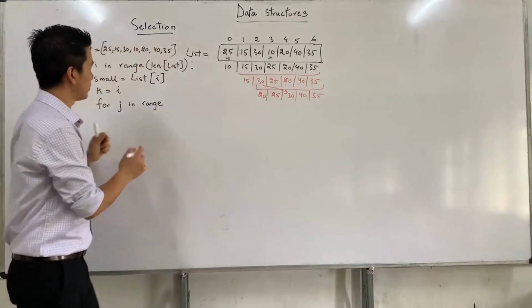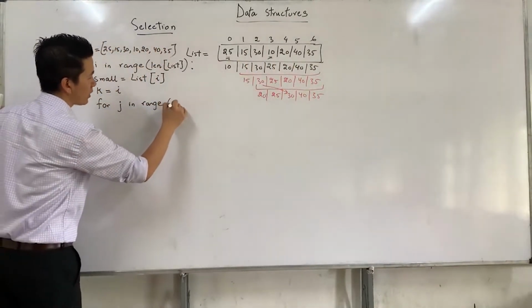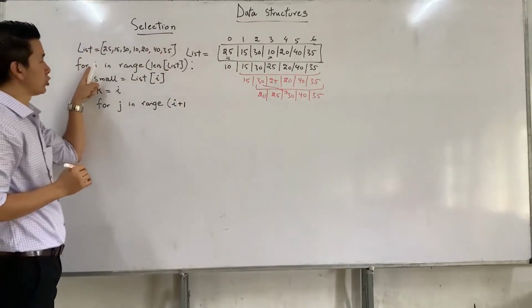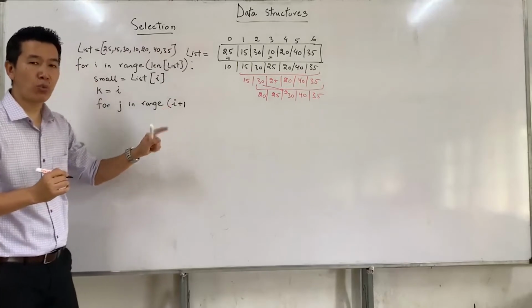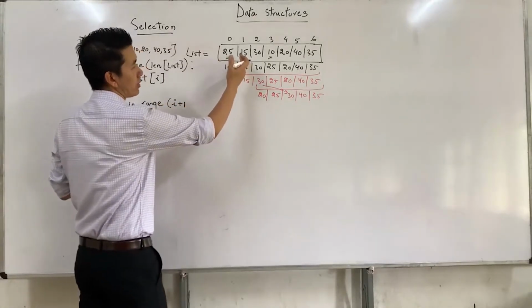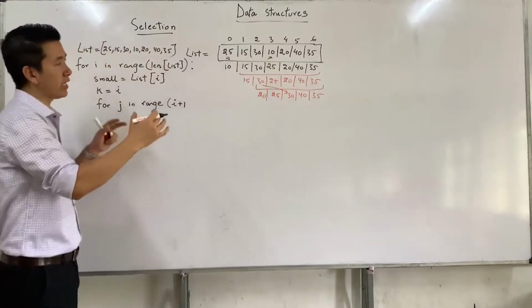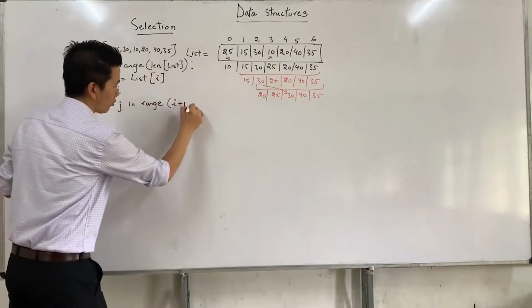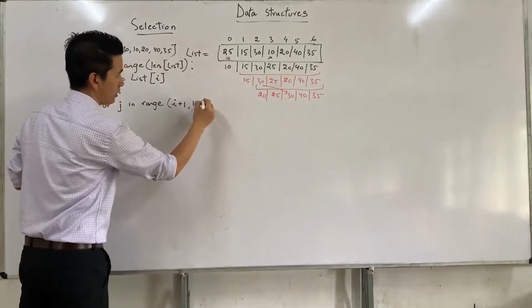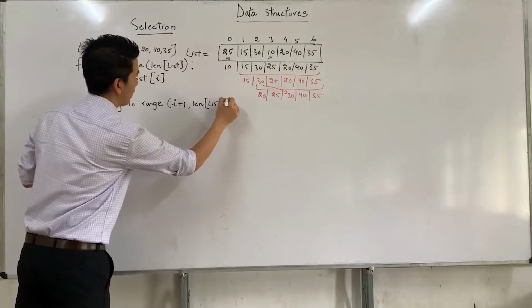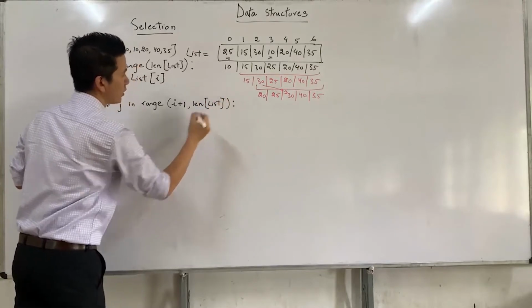So which means j value should start with i plus 1. The value of i will start with 0, so 0 plus 1 is 1. So j will pick up the subsequent numbers, and then the comparison will actually start, and then it should move on till the end, length of list. Alright, and then I'll have the colon.